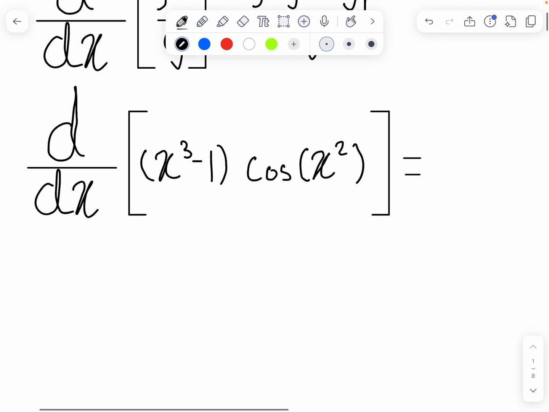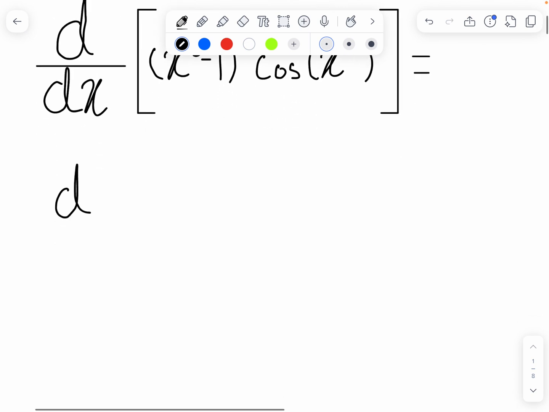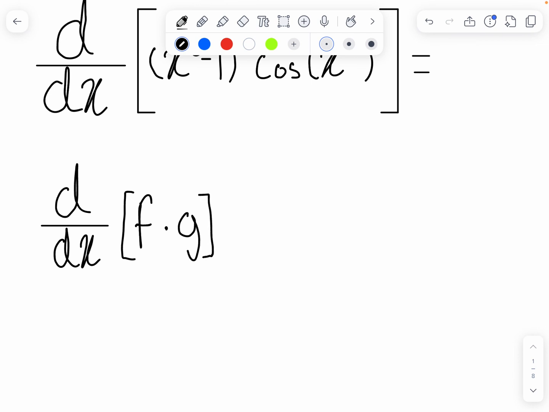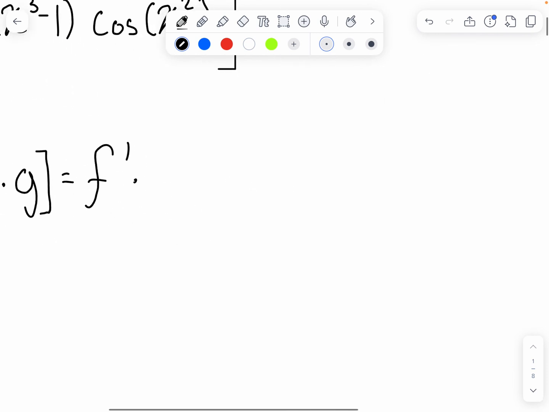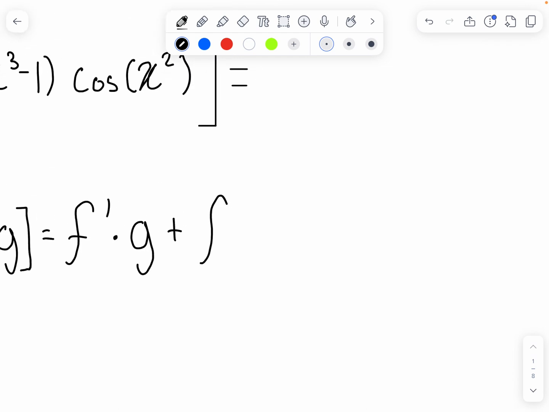So the product rule just states that d over dx of the function f times g is equal to f prime times g plus f times g prime.